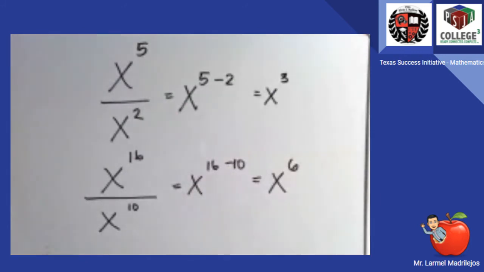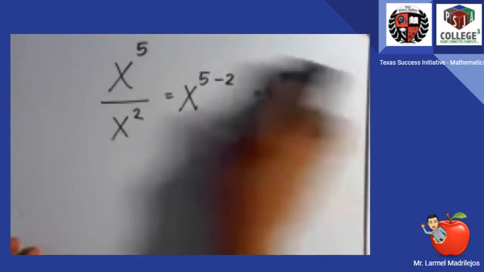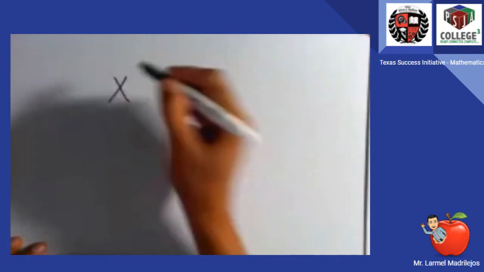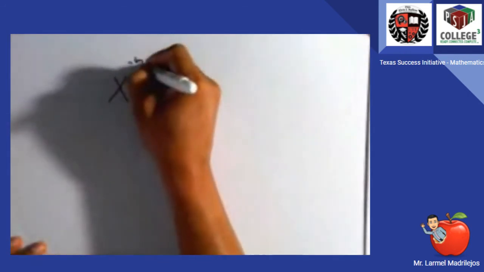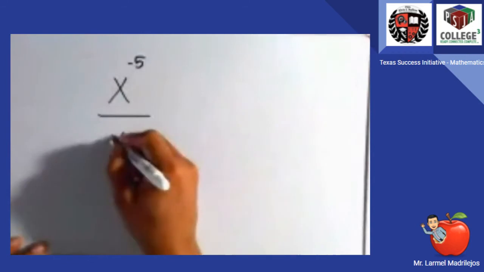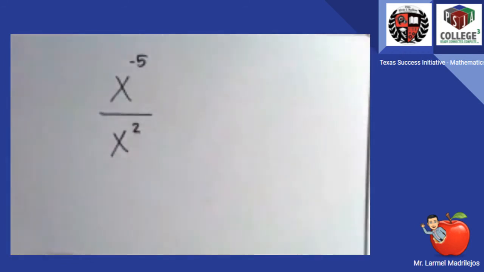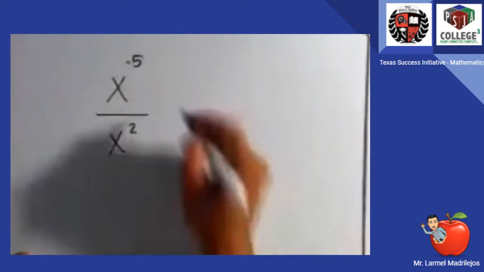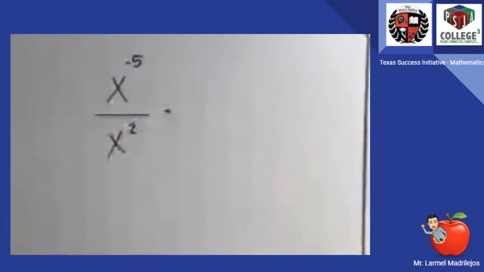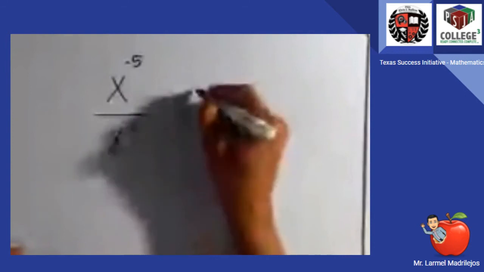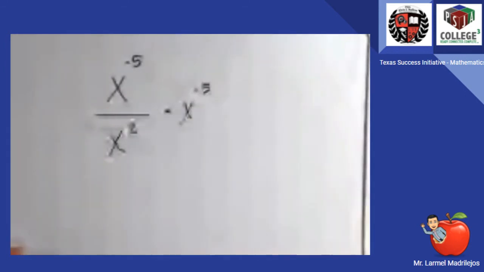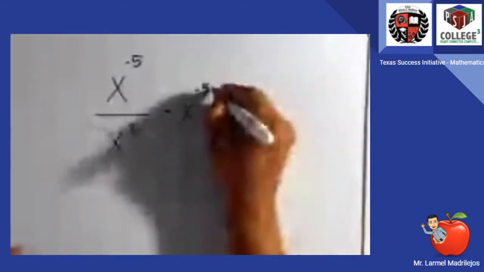Okay. One more example. This time, let's flip the sign. x raised to negative 5 divided by x raised to 2. So what do we need to do? It's the same thing. We're going to use the same rule. x raised to negative 5 minus, take note, minus 2.